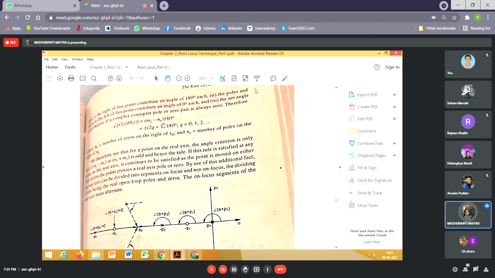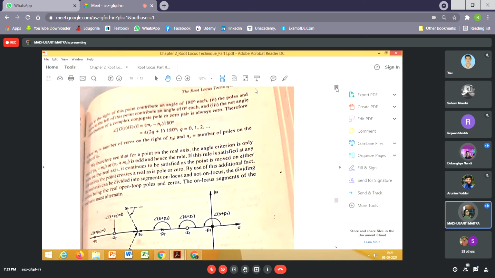From this, we can conclude that MR minus NR should be odd, isn't it? So if MR minus NR is odd, then MR plus NR will also be odd.